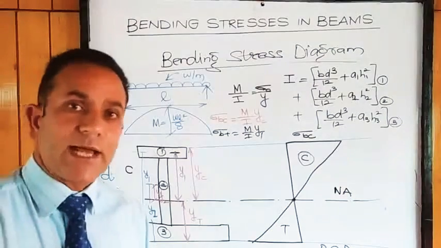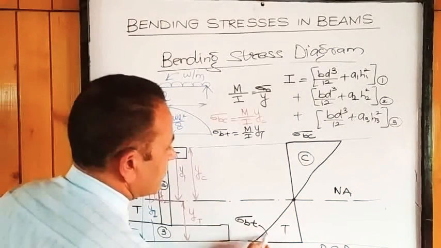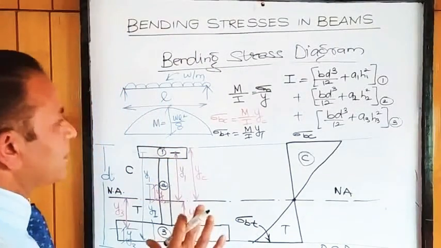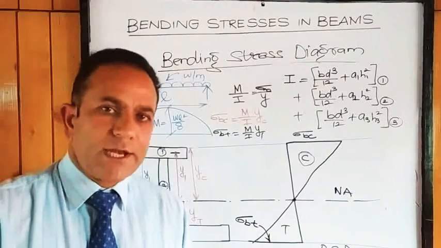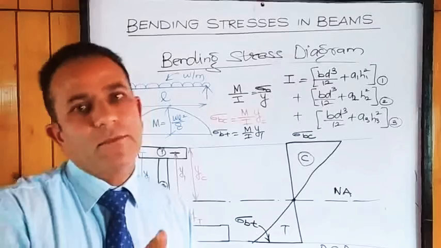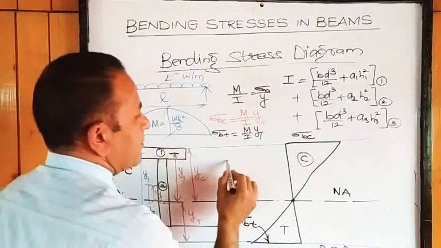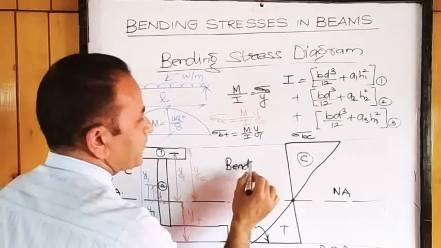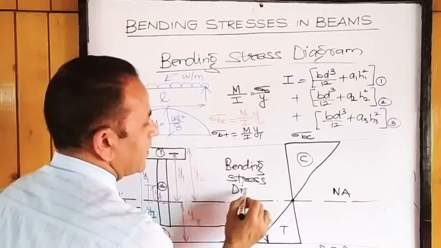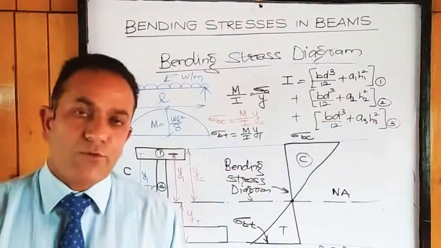This bending stress is either of compressive nature or sigma BT, which we call tensile nature. Then, depending upon the type of beam, if it is a cantilever beam, tension will be at the top, or if it is a simply supported beam, tension will be at the base. There is a certain pattern, that is the bending stress diagram we say. The bending stress diagram follows a certain pattern, which we will have to analyze.